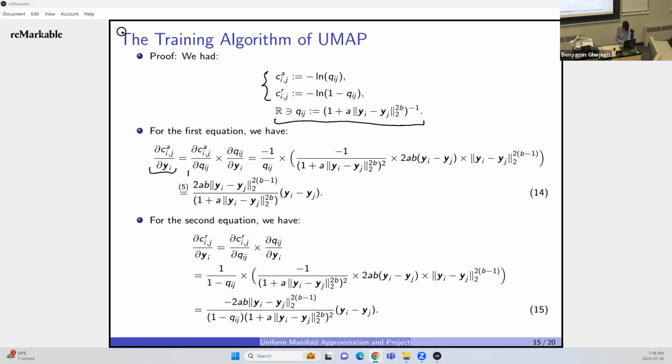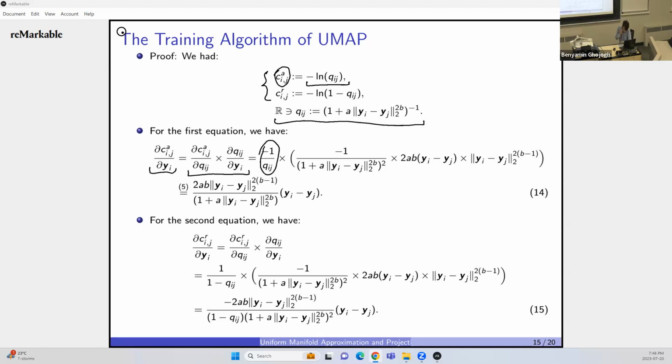So we can say the derivative of the attractive force with respect to Qij times the derivative of Qij with respect to yi. Here this is Cij minus the logarithm of Qij, so its derivative becomes minus 1 over Qij, right?